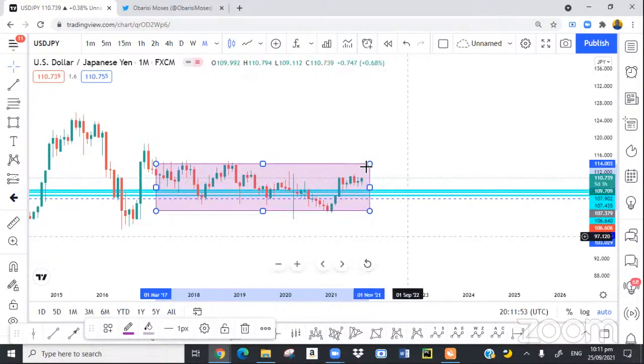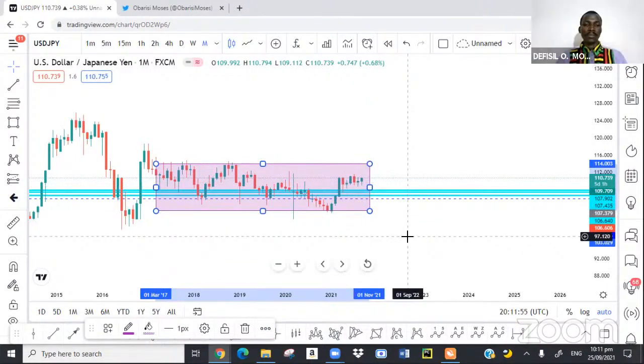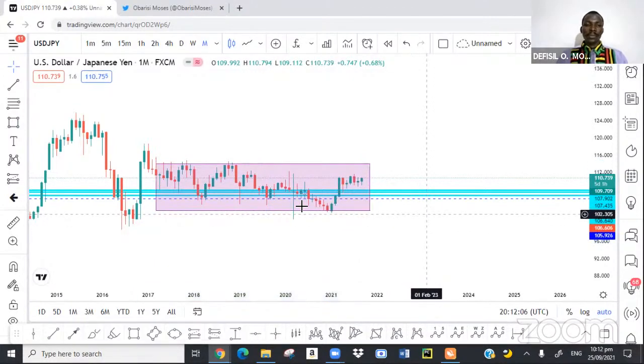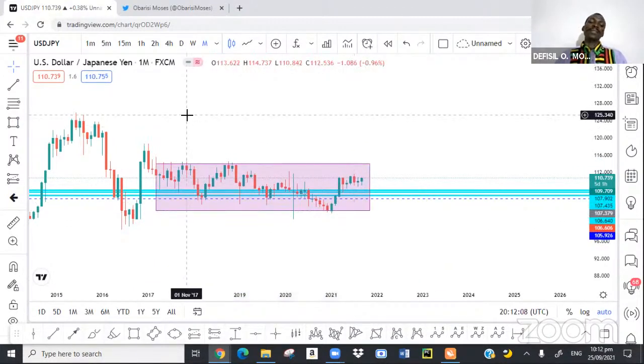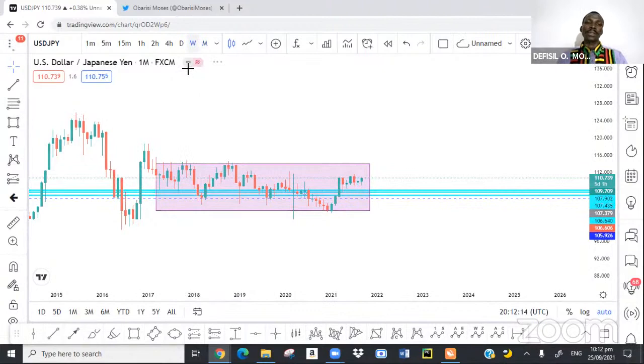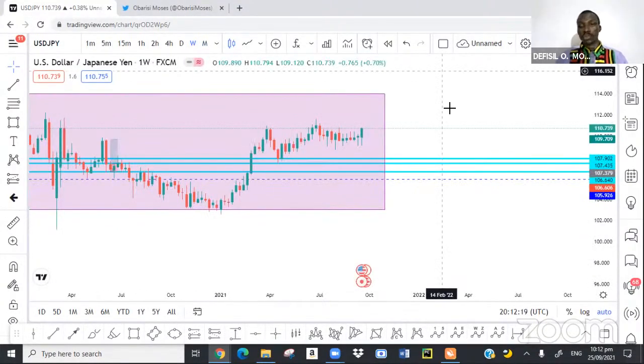Which means that this market is not actually moving above this particular level, either upward or downward. This kind of market, a ranging market, is actually a smooth market, a good market for smart traders.